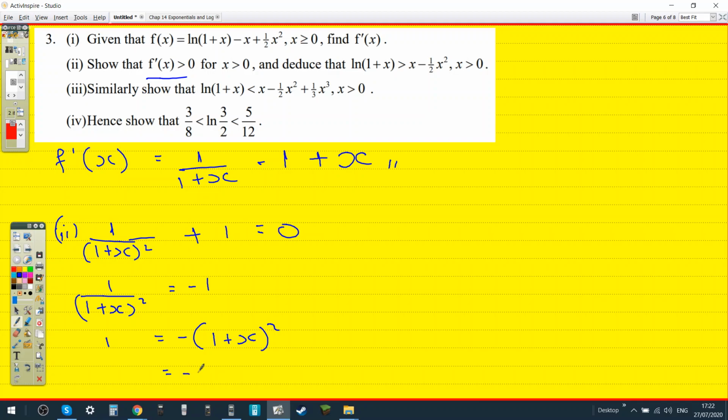I don't know how to solve this. Minus x squared plus 2x. Plus 1. Yeah. So that's going to be minus 2 equals 0. And there's probably no solutions. Is that right?